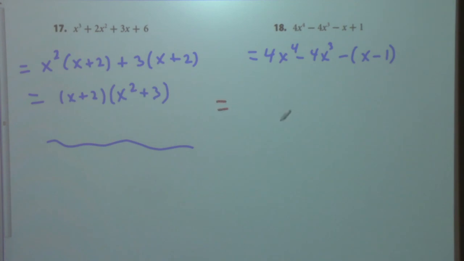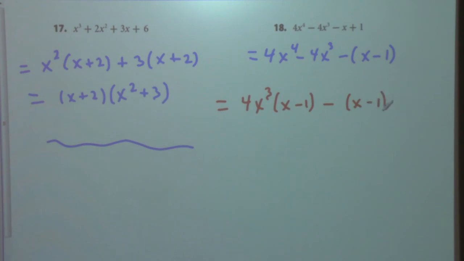Okay, what do we have here? So I pulled the 4x cubed, and then I put parentheses x minus 1, and then minus parentheses x minus 1.